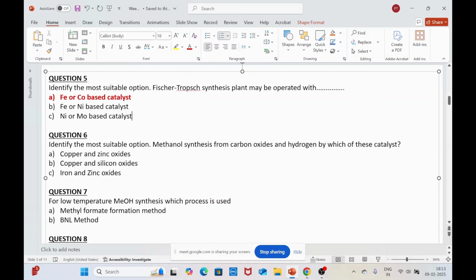Moving on, same type of question, but here it is related to methanol synthesis from carbon oxides and hydrogen. So you have carbon oxide, mostly carbon monoxide, and hydrogen. If they combine together to form methanol, what kind of catalyst is required?